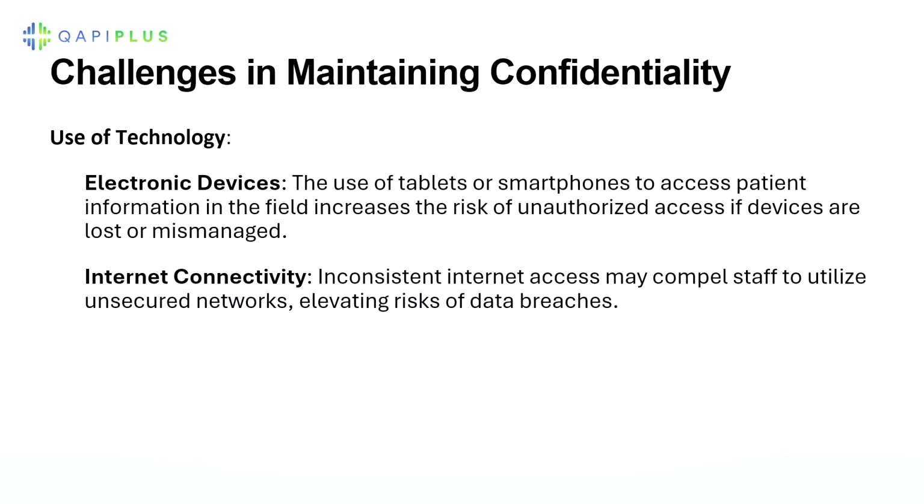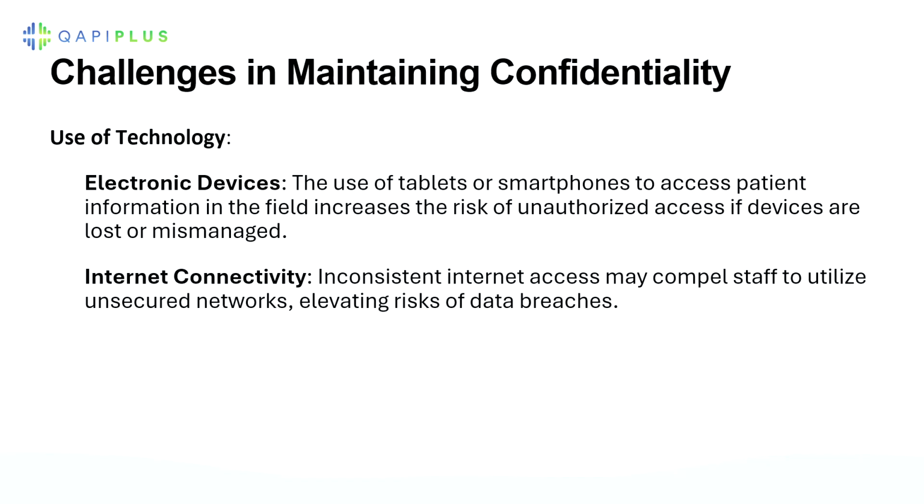The other thing to think about is internet connectivity, and this varies for all of us depending on where we're working or practicing and the availability. Sometimes, in our need to move forward or get things through quickly, inconsistent internet access might challenge us or compel us to utilize maybe an unsecured network. Maybe we leave a patient's home and go somewhere more public to do our documentation where we can access the internet.